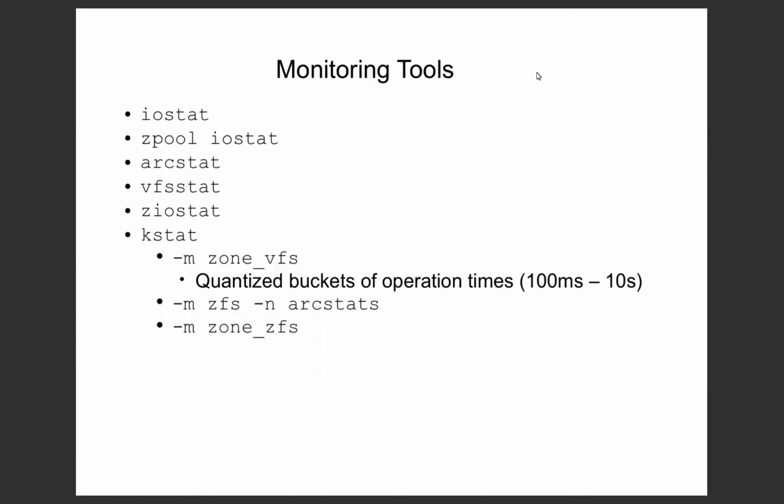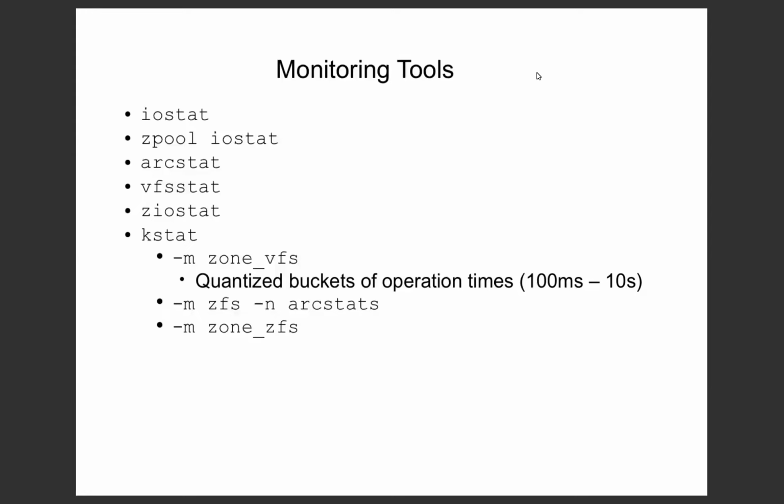Another tool that I haven't actually found to be that useful, but it does exist, is zpool iostat. The zpool command itself can show you I/O data about the vdevs in that pool. Because we normally only run with a single zpool, this isn't that interesting.